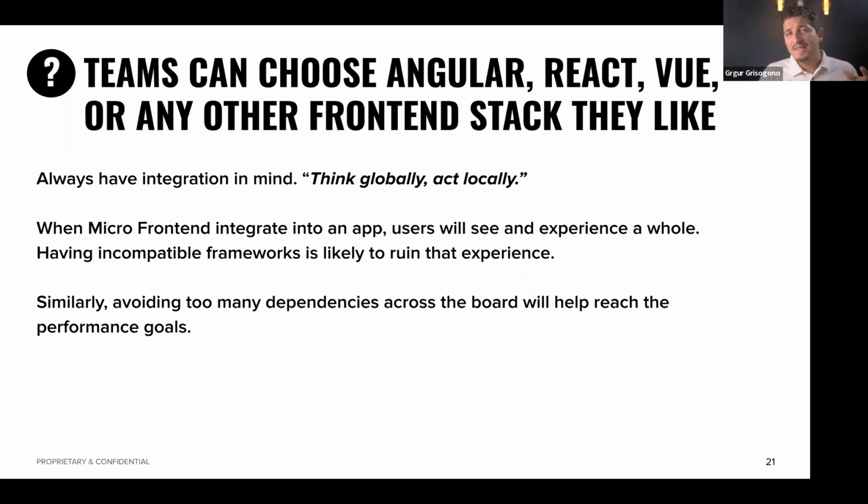But that decision, if you go that way, will create lots of problems in managing shared dependencies. It's also going to be very difficult to move people from one team to another if the core technology is that significantly different, right? So we want to have a little bit of overlap.